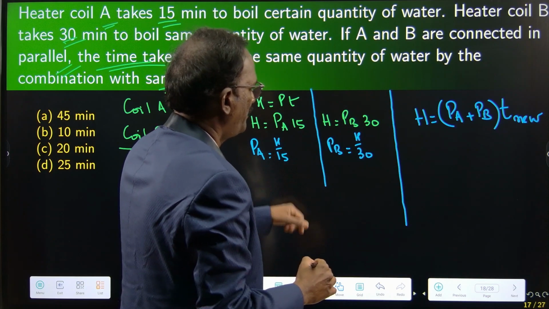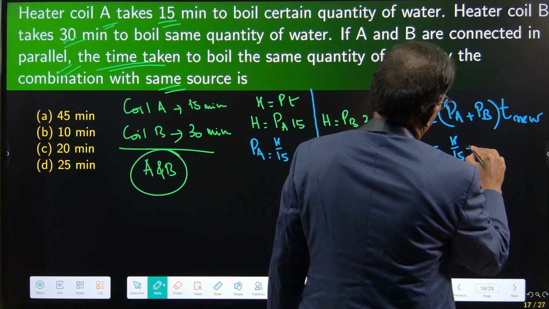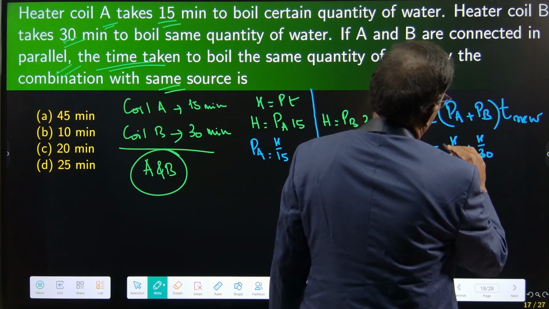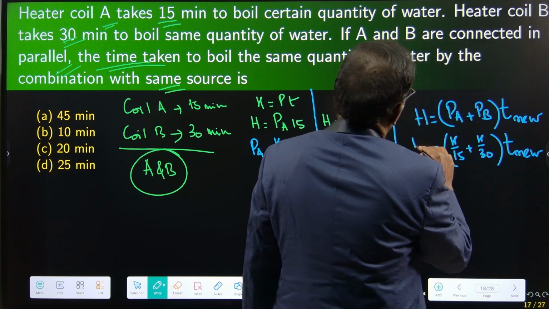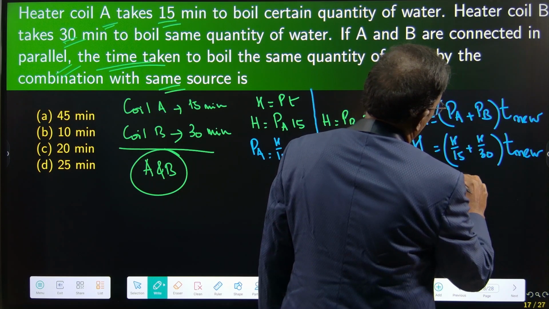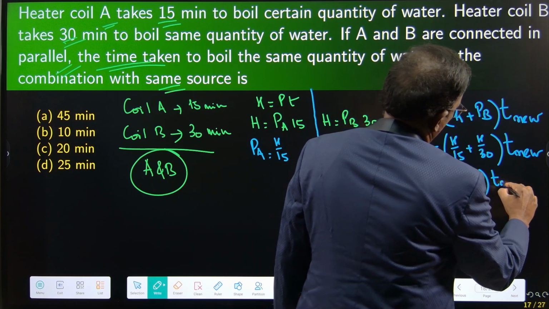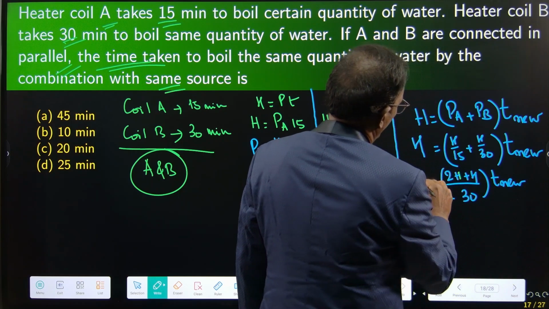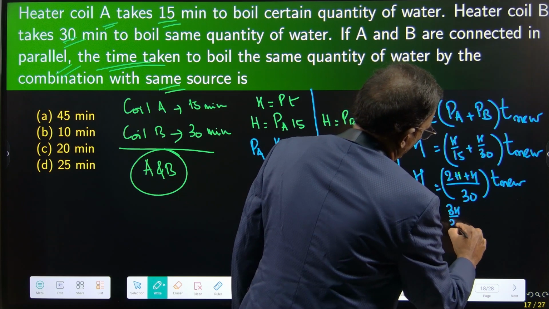So we write H by 15 plus H by 30 is equal to H by T new. That is 2H plus H over 30, which is 3H by 30.